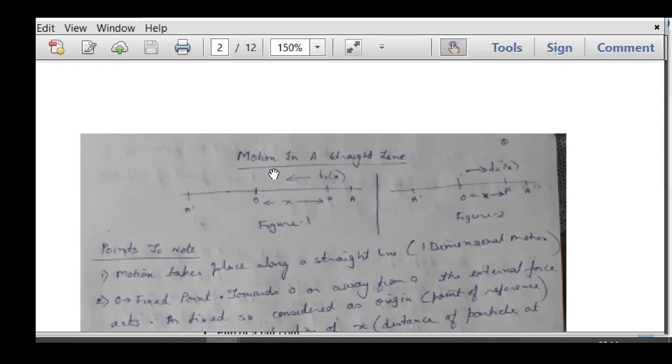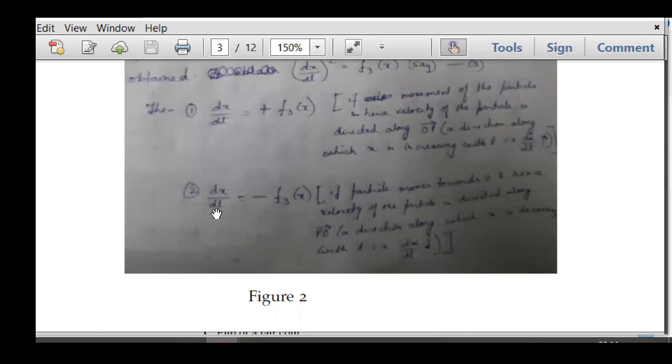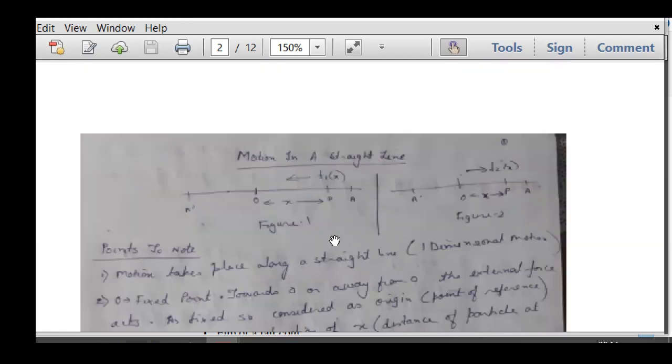That means dx/dt is increasing in this direction, but due to the blow you have given, your particle is moving in this direction. So again a mismatch is coming, and in that case you have to put a minus. See, if the particle moves towards O and hence the velocity of the particle is directed along PO, P being the instantaneous position you are taking, in this case you have to put a minus.